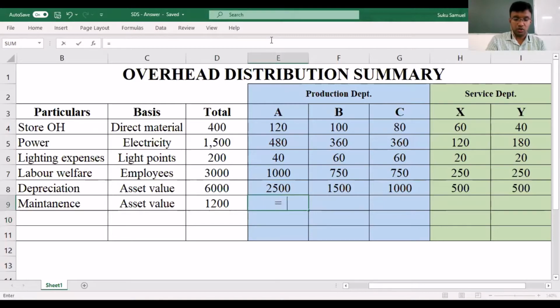So here it will be 50,000 divided by 1,20,000 into 1,200. So that is 500. Here it will be 30,000 divided by 1,20,000 into 1,200. That is 300. Next one.